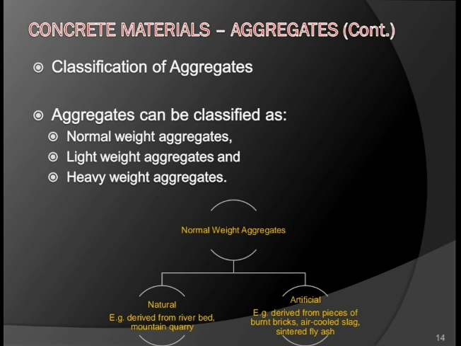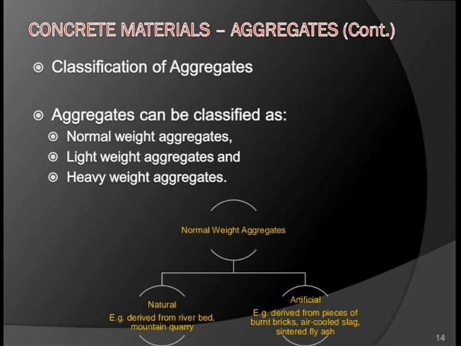Let's see the classification. First we have covered the definition and the percentage of aggregate in concrete. Now let's classify it. Aggregates can be classified in different manners. Based on weight: normal weight, lightweight, and heavyweight aggregate.